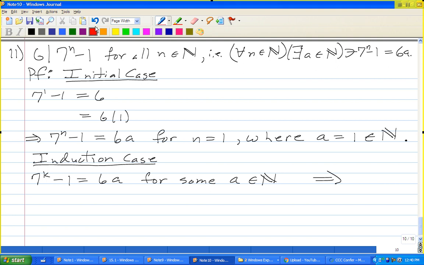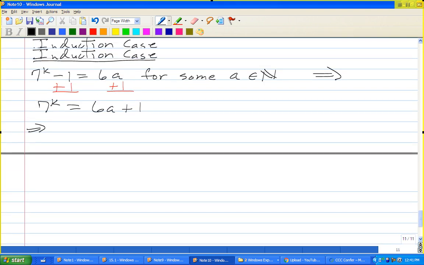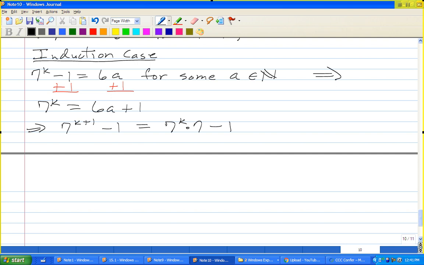Let's add 1 to both sides. So 7^k is equal to 6a plus 1. And so this implies that, let's look at the k plus first case. 7^(k+1) minus 1 is equal to 7^k times 7 minus 1, equals 7^k we found was 6a plus 1, times 7, minus 1.